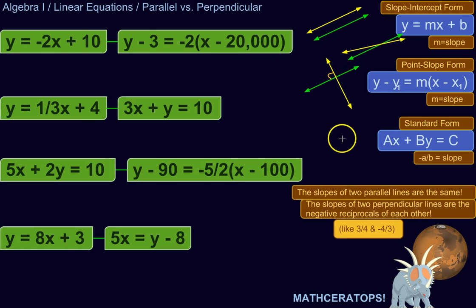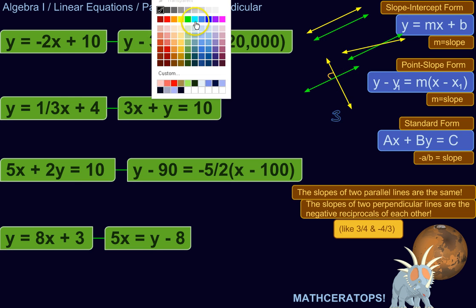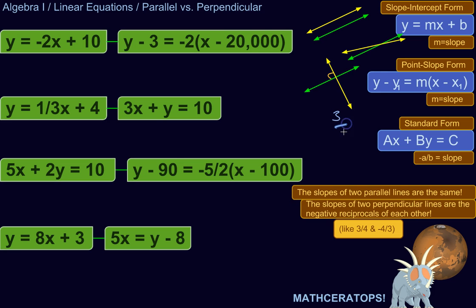So, for example, if the slope of this one is 3/4, then the slope of this one would be -4/3. Flip it over and then flip the sign.